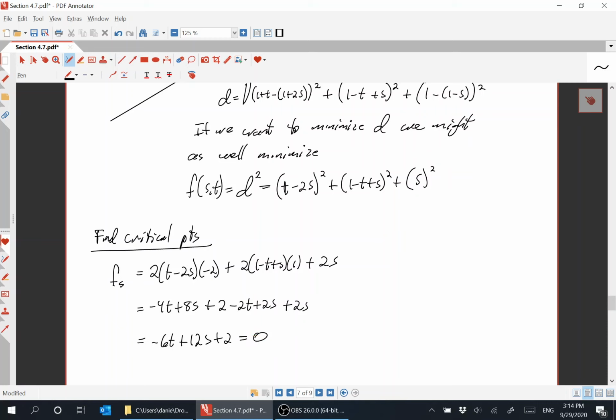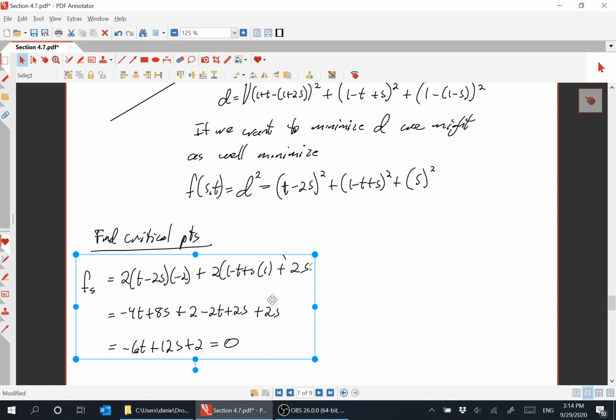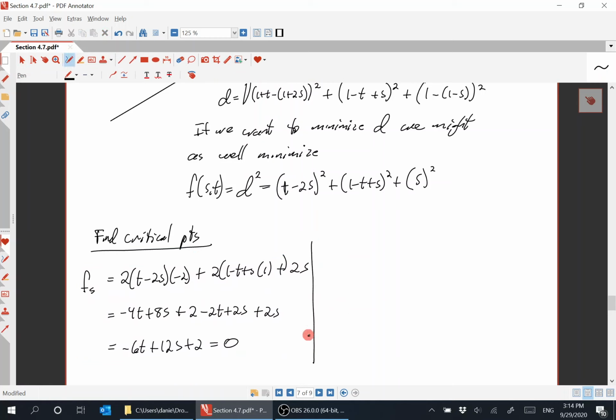The critical points are where both partial derivatives are going to be equal to 0. So that's the first partial derivative that we need to look at. The next partial derivative, f with respect to t, is 2 times (t minus 2s) times 1, plus 2 times (1 minus t plus s) times minus 1, and then plus 0.